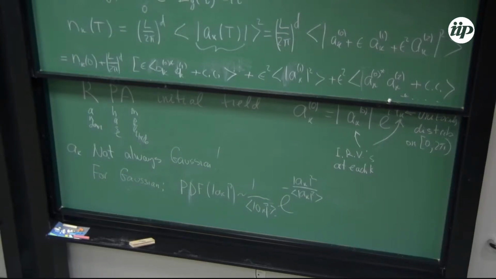So you see what that means, right? This means averaging over phases will look like this.